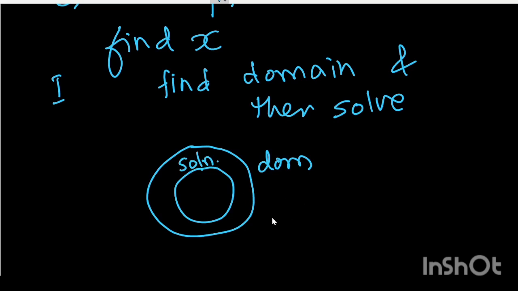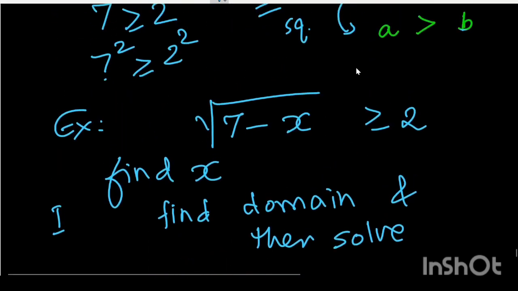Because first and foremost, we need to ensure that whatever x we are going to substitute, it needs to make this square root function real. Real and positive are the same here, because the square root function will always give a positive value, which is real.